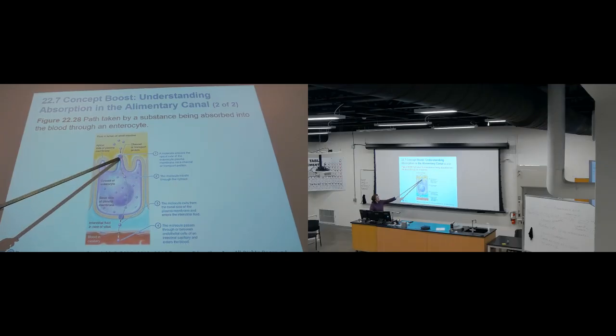And then you can have passive diffusion or facilitated diffusion. You can have channels in here or carriers. For instance, we have sodium glucose transporters that co-transport glucose and sodium at the same time.